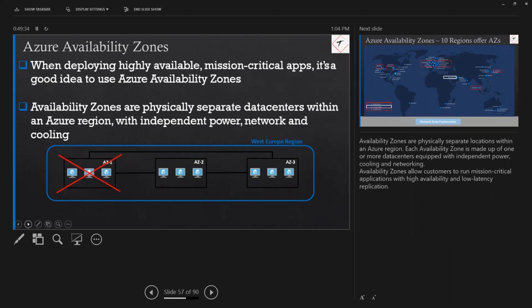If you take Western Europe as an example, you have three availability zones there. Let's call it AZ1, AZ2, and AZ3.